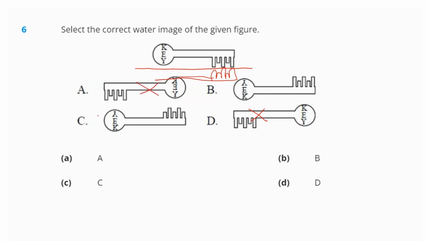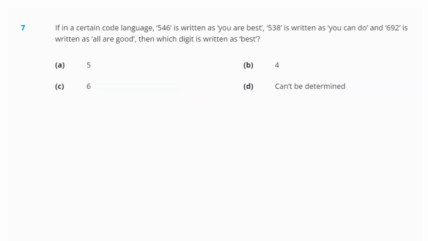This will also be wrong, so we have 2 options left, C or D. See, this has the fingers wrong. So even after drawing the fingers, we can say that B is a correct answer. So answer B is a correct answer. Moving on to the next question.